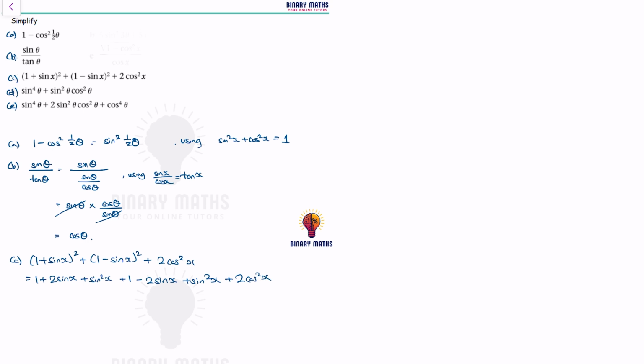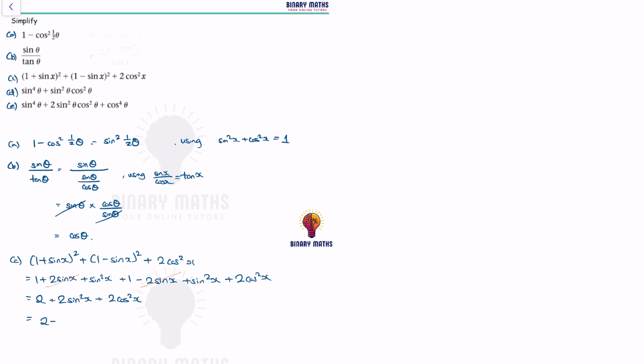So what I realize is I've got 2 sine x here and minus 2 sine x, so they cancel out. 1 plus 1 gives me 2. And then I've got sine squared x plus sine squared x, which is 2 sine squared x plus 2 cos squared x.